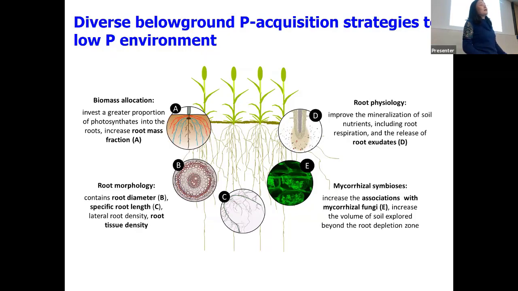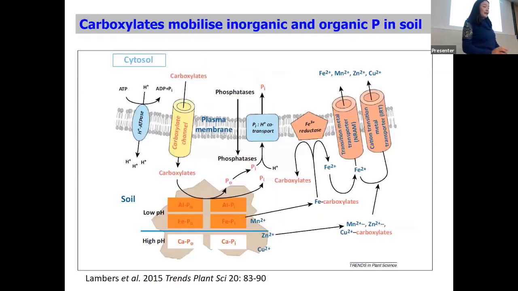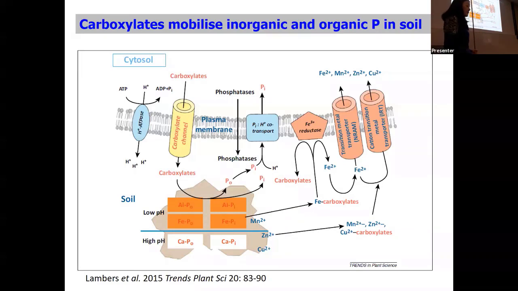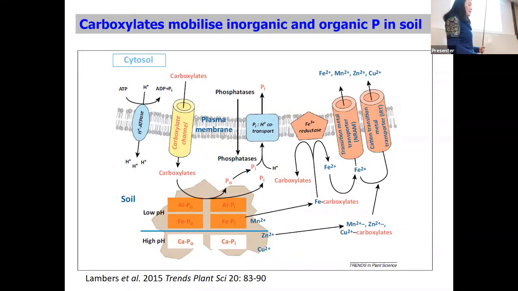And often plants exude a large quantity of exudates. For example, this is a diagram by Hans Lambers. If plants exude carboxylates, as I've just mentioned, a lot of phosphorus is locked up by soil particles.